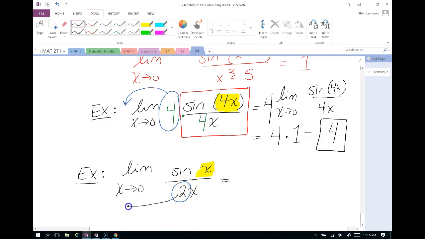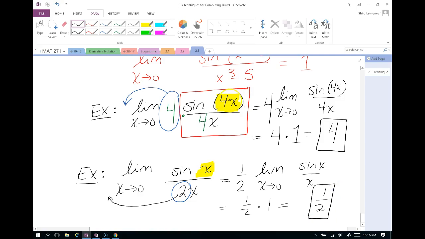So if we pull it to the front, it's going to come to the front as a half because it's coming from the denominator. So this is really 1/2 times the limit as x approaches 0 of sine x over x. Now they match. My angle and my denominator match, so that limit is 1, and I have 1/2 times 1 equals 1/2.